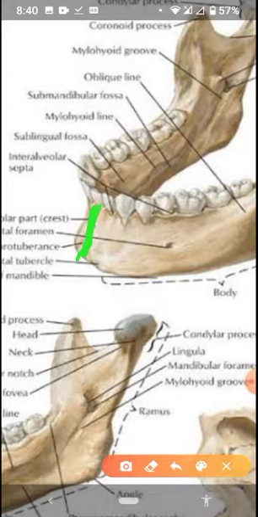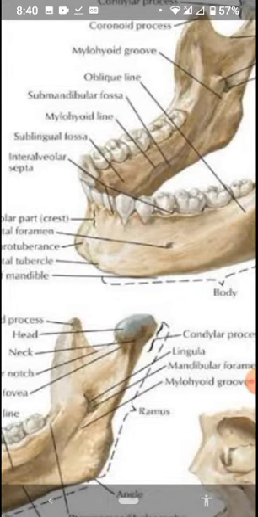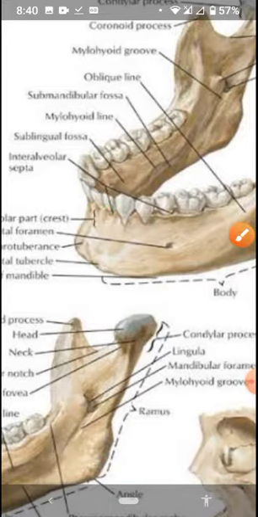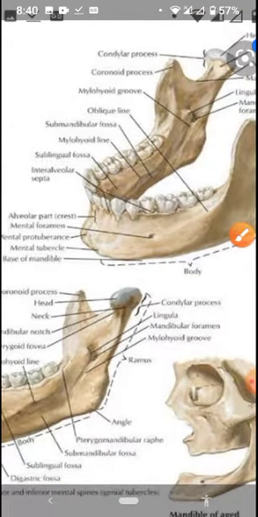There is some elevation on the two sides of the symphysis menti, which is called the mental protuberance. If there is some elevation on the bone, it is called a protuberance. So this is the mental protuberance, and inside it there is the symphysis menti. These are the 3 points about the medial part of the outer part of the mandible.